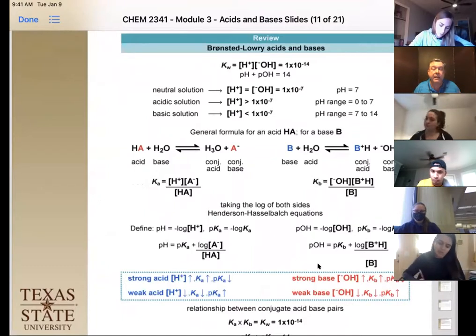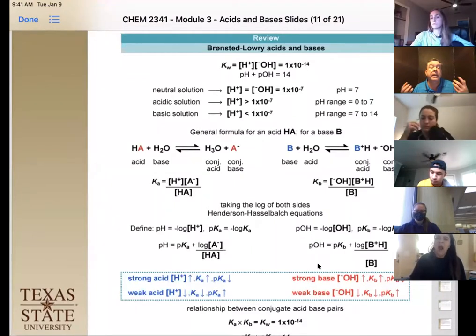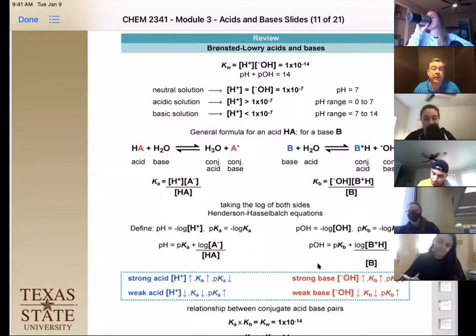So that is how we got to the idea of how acidic something was by taking that log of the equilibrium constant, and that gives us a range from 0 to 14 in the presence of water because of the strength of the hydroxide ion and the hydronium ion.